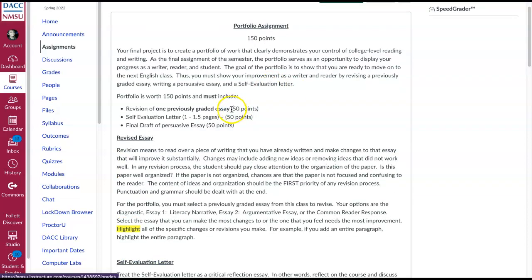The reason why each one is worth 50 points is because I used to have them worth, for example, the revision was worth 25, but then I would have students who wouldn't submit the revision. So they are all worth 50 points, which means that if you don't complete all of them, your grade is going to suffer. So you definitely want to make sure that you take advantage of the time.